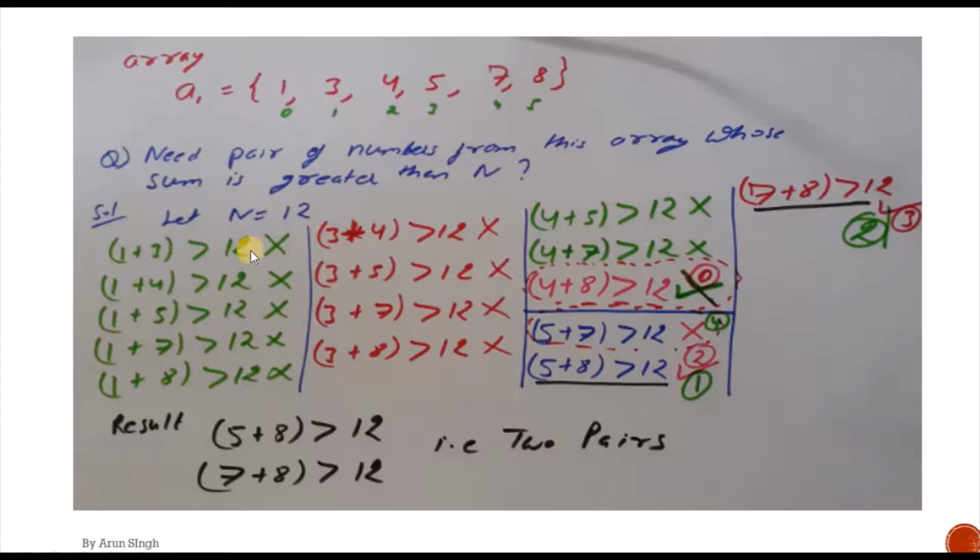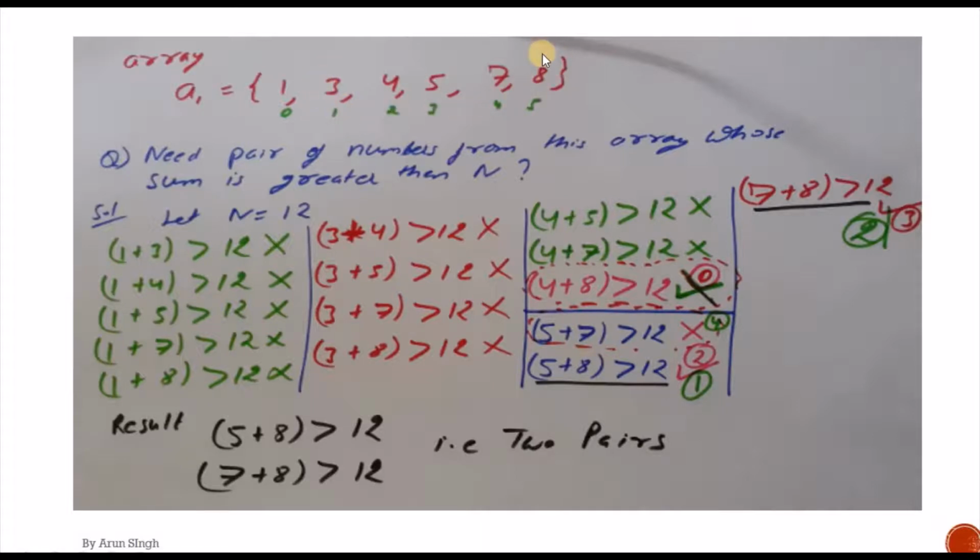Then 12 minus 3, I will search in this part. Then 12 minus 4, 12 minus 5, 12 minus 7, I will search in this part. So for each 12 minus element, I am doing a binary search here.